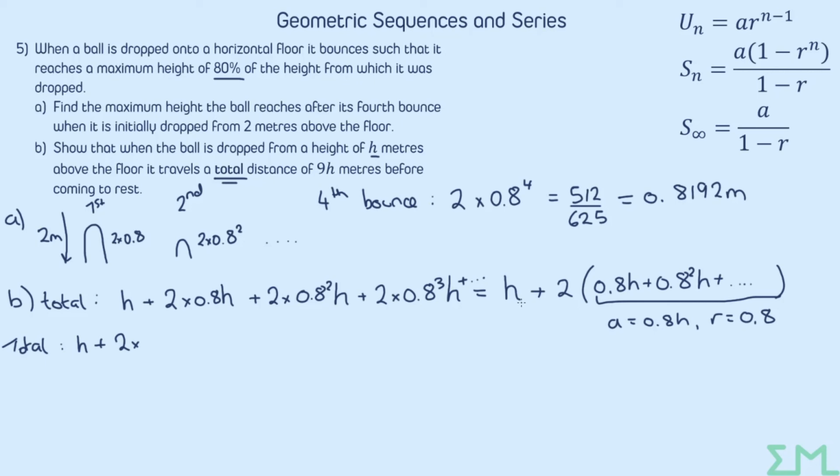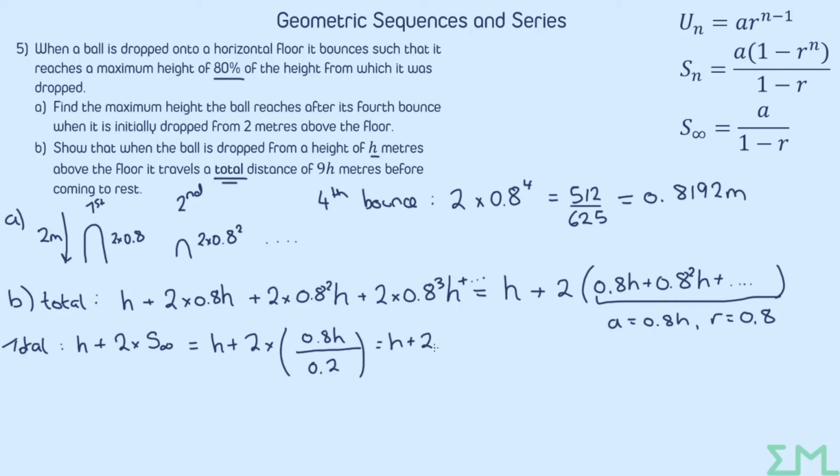So we're going to basically be taking this to infinity. So actually we want 2 lots of S infinity. So that's going to be h plus 2 times the sum to infinity formula. So that's 0.8h over 1 minus r, which is 0.2.